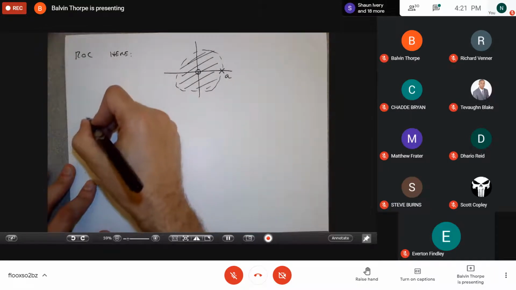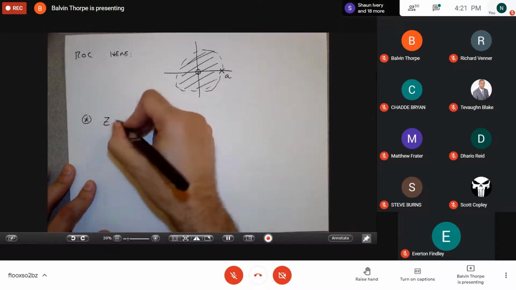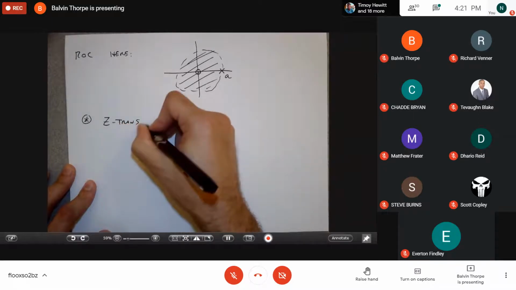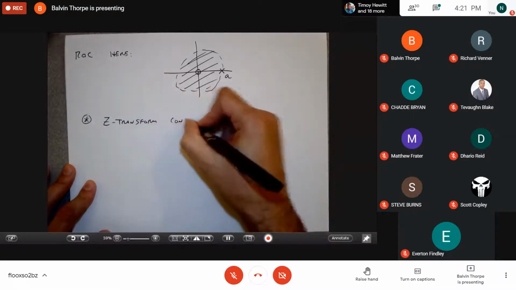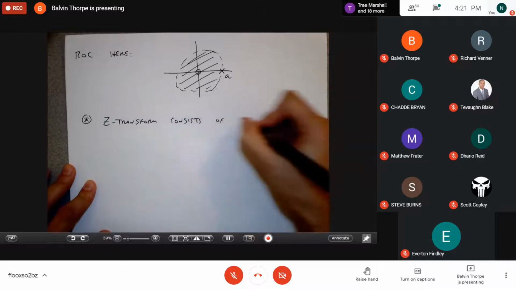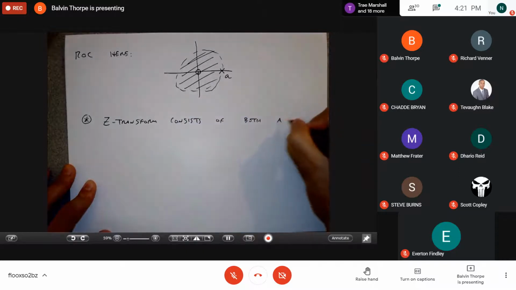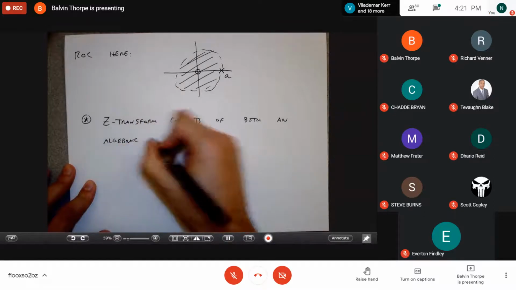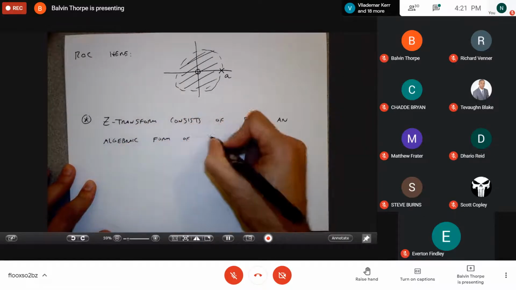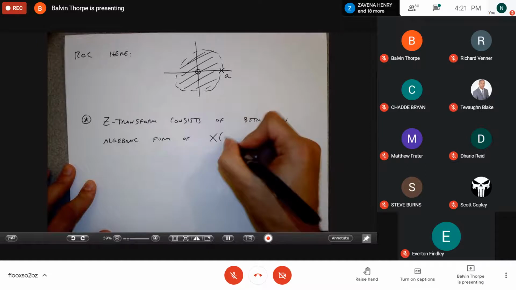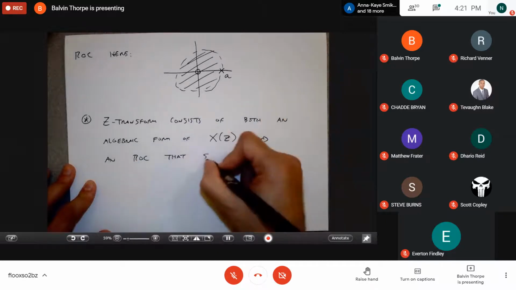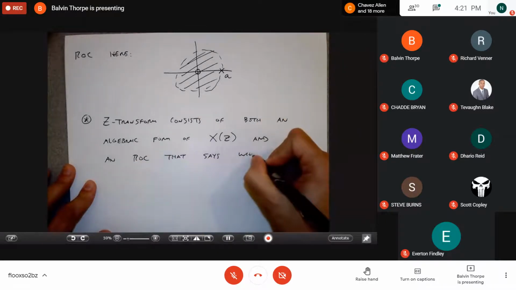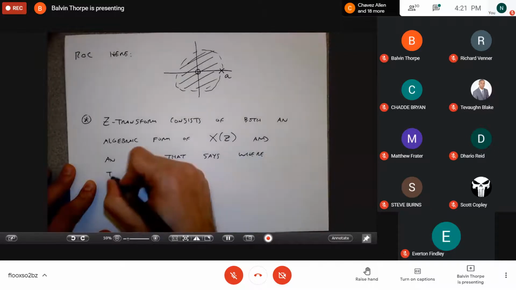So the key idea is that the z transform consists of both an algebraic form of x of z that says where this is valid.